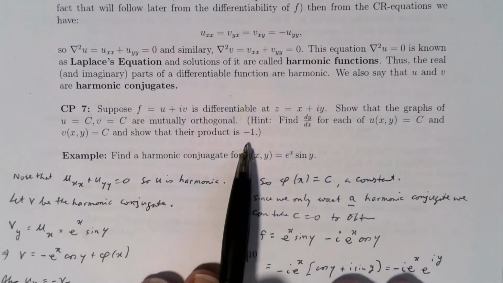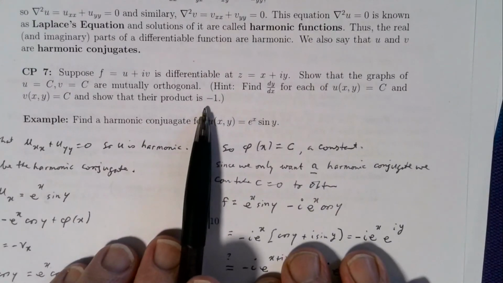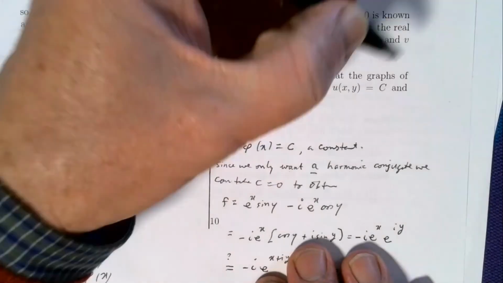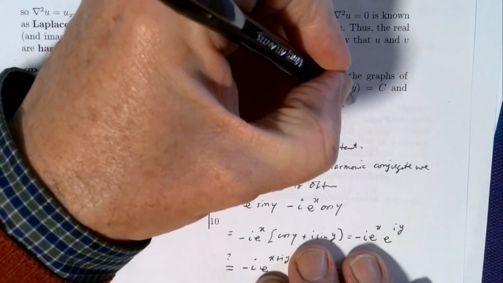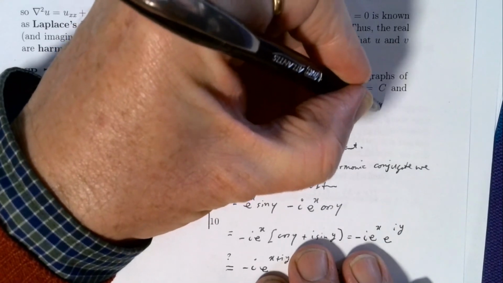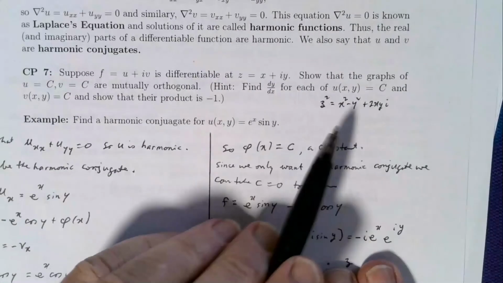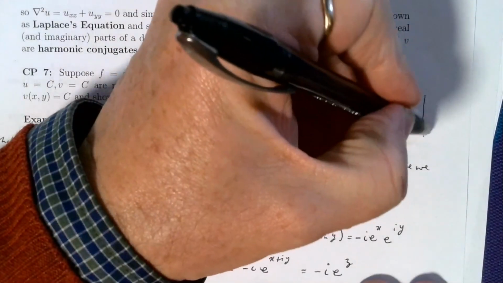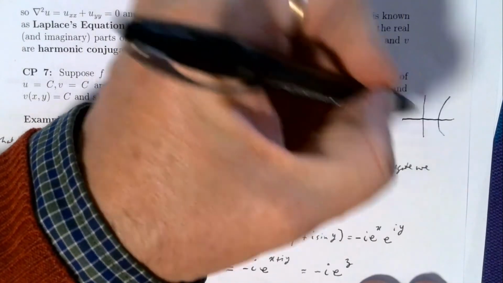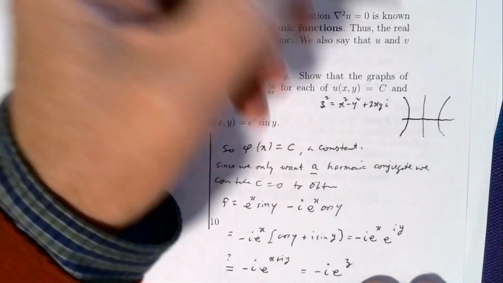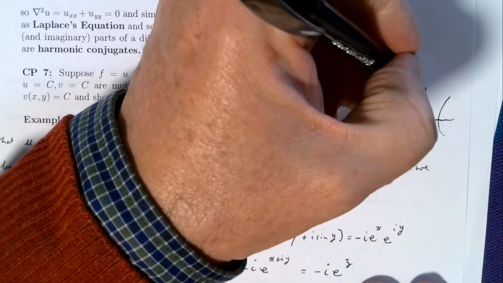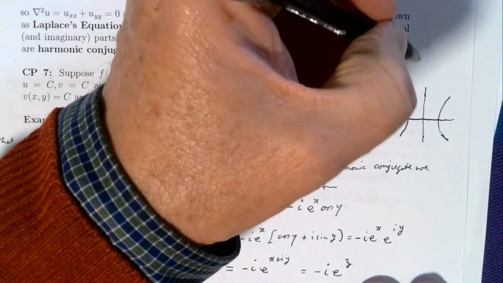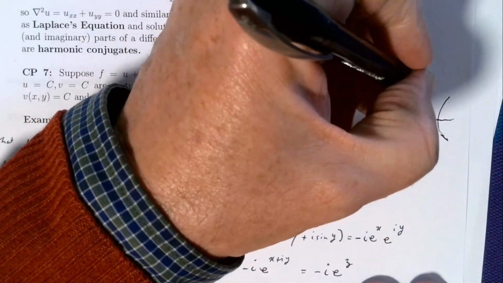Just as a little example of that, you might like to think of what happens if you take, say, z squared. Then you get x squared minus y squared plus 2xyi. If you put x squared minus y squared equal to a constant, you'll get curves like this, assuming the constant's positive. If you take 2xy equal to a constant, again assuming it's positive, this is going to give you some hyperbola, so this is going to look like this.